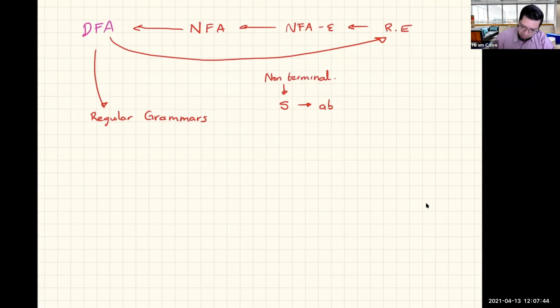We will have terminal symbols, which correspond to those of the alphabet, which are, for example, A or B in our examples, or non-terminal. And this will correspond to states of the automata. There will not always be a direct correspondence between these states and the non-terminals.